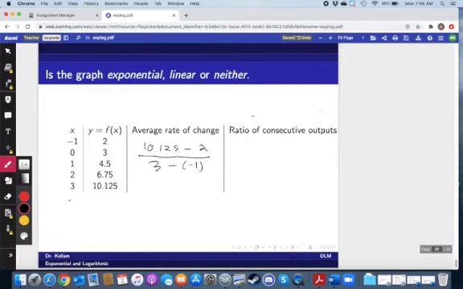Our ratio of consecutive outputs, however, we have 3 halves. We have 4.5 divided by 3. We have 6.75 divided by 4.5. And we have 10.125 divided by 6.75.